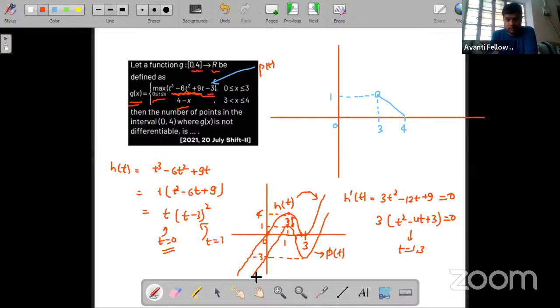I am talking about the graph of p of t. At x equals 2 it is somewhere here in this region. So from t belongs to 0 to 2, we have to find the maximum value of this function.